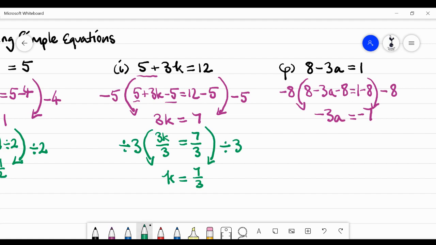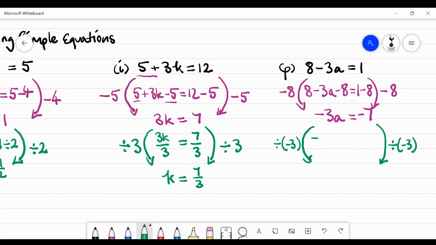The next step: minus 3 times a is the same as a times minus 3. The inverse operation of multiplying by minus 3 is dividing by minus 3. Make sure you put that minus inside a bracket. Divided by minus 3.